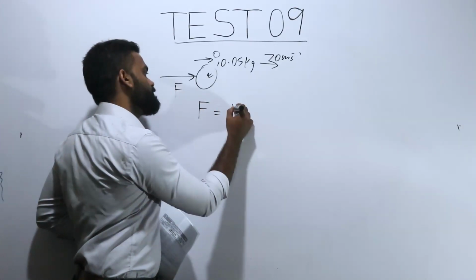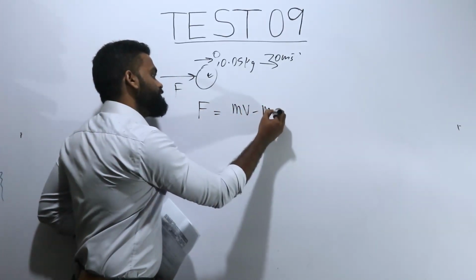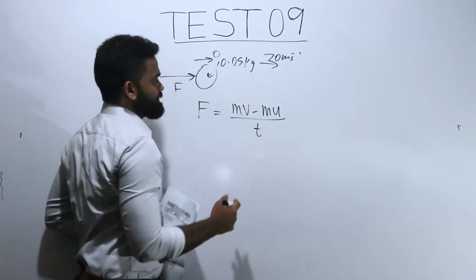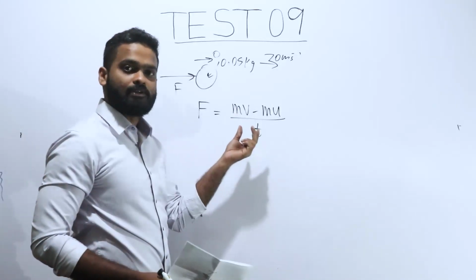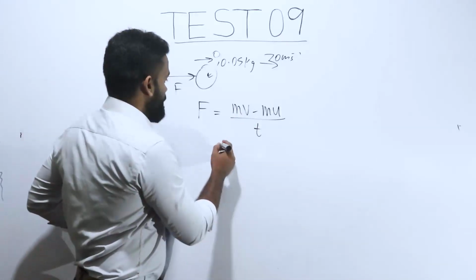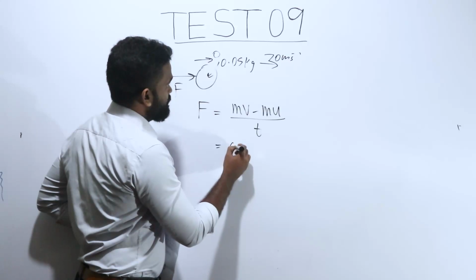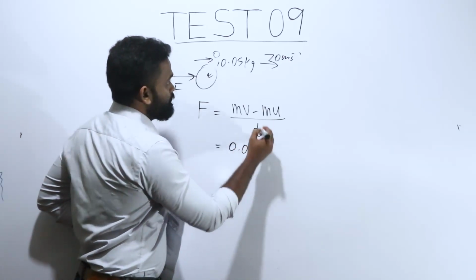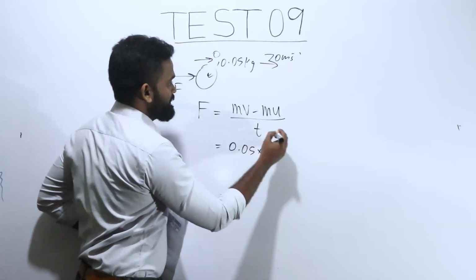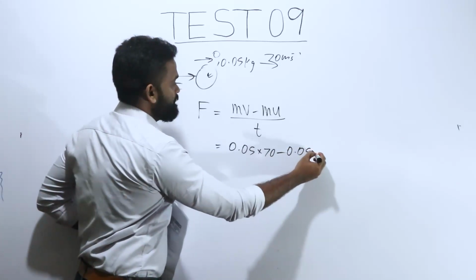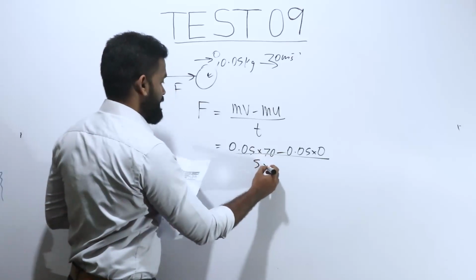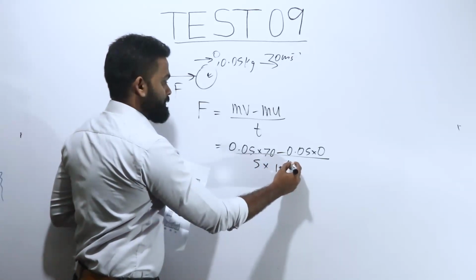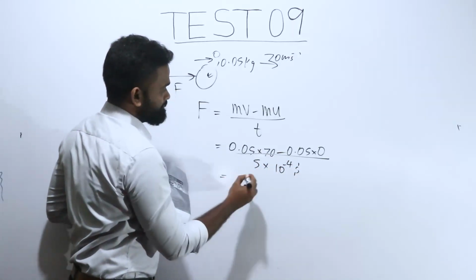Force is equal to rate of change of momentum. This is the change. If you divide it by time, then it becomes the rate of change. So the mass of the ball is 0.05, velocity is 70, minus mass of the ball 0.05, initial velocity is 0, divided by time. Time is given as 5 times 10 to the minus 4 seconds.